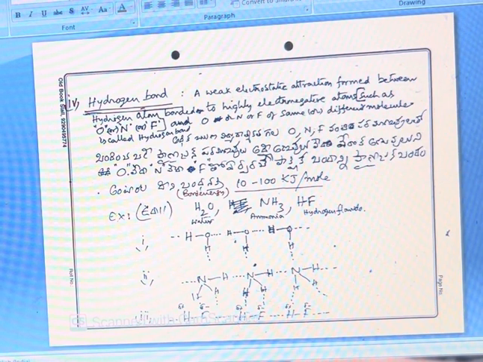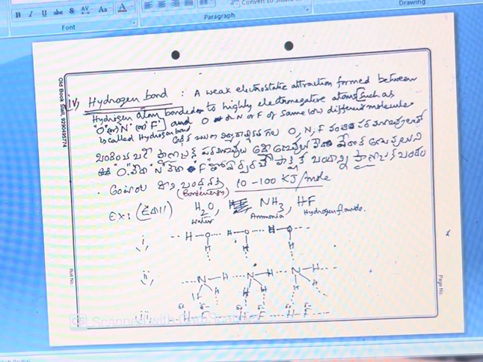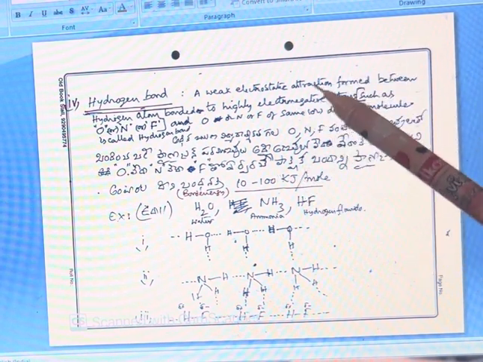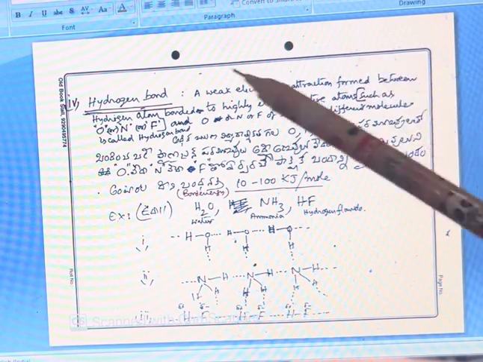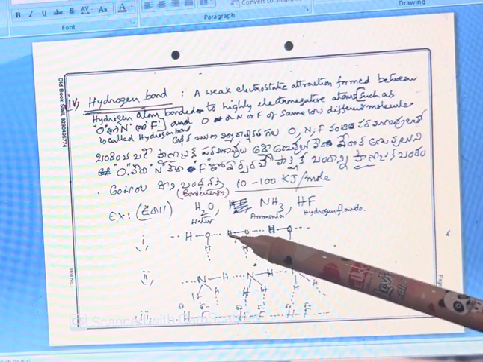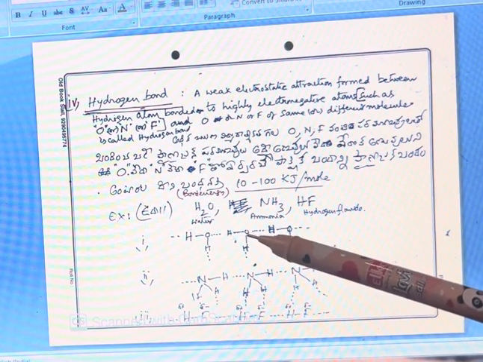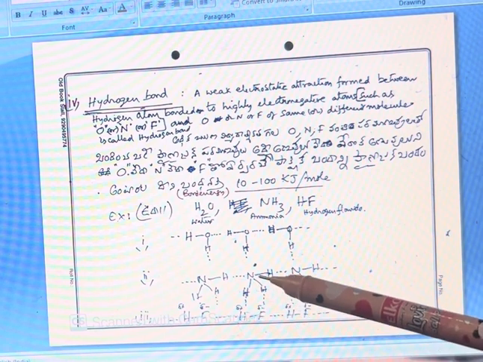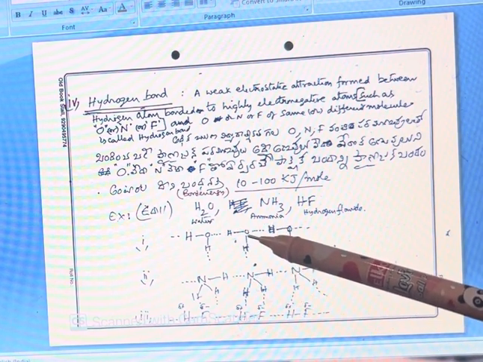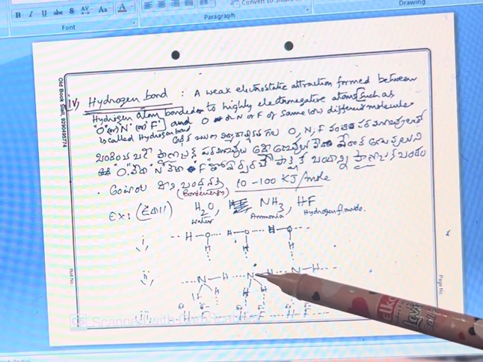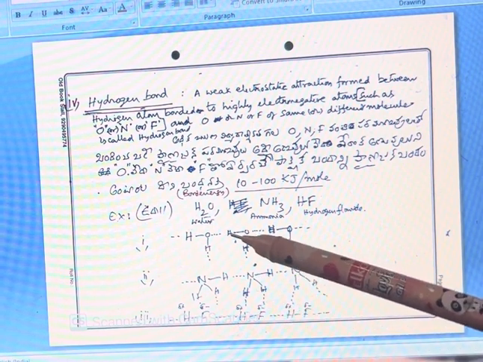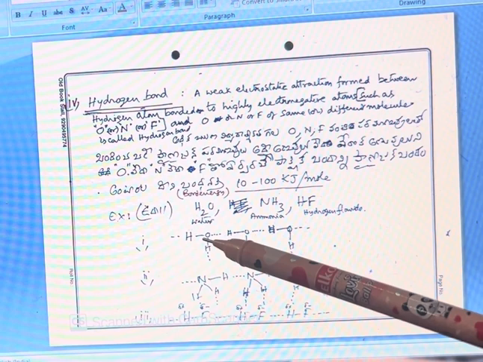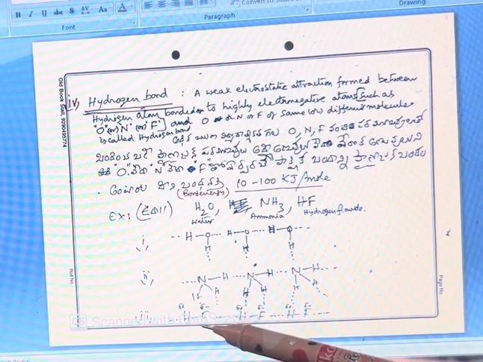This is hydrogen bond. You can study hydrogen bond in detail in the chemical bonding chapter. Here, hydrogen bond is a weak electrostatic attraction force formed between a hydrogen atom bonded to a highly electronegative oxygen, nitrogen or fluorine, and another oxygen, nitrogen or fluorine.